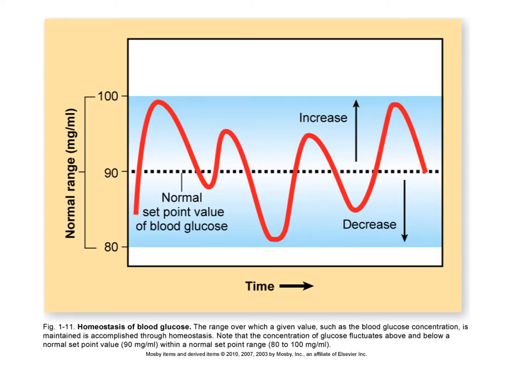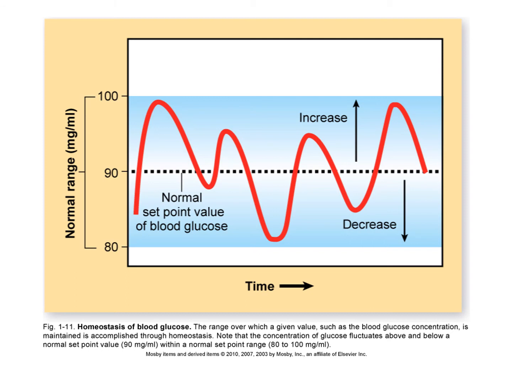This graph here illustrates the homeostasis of blood glucose. Glucose in our blood is not static. It goes up and down within a normal range. That range is anywhere from 80 to 100 milligrams per milliliter, as you can see on this graph.